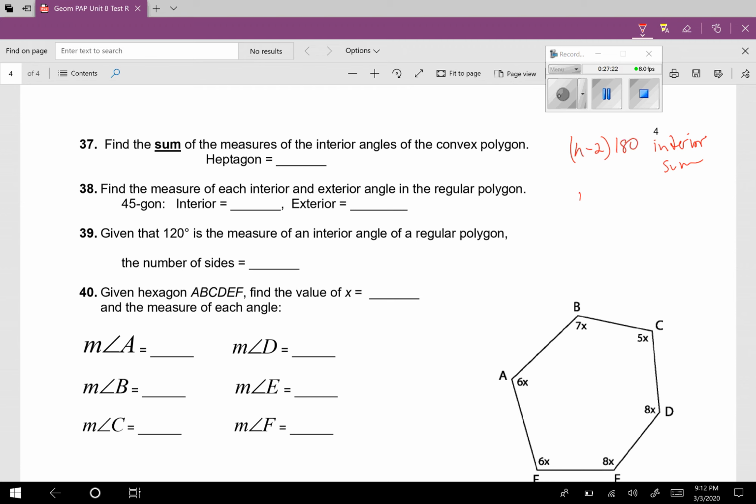Okay, so n minus 2 times 180, that's all the angles together. If we only want one, we have to divide by n. Okay, and then for exterior, it's 360 divided by n. That's one exterior angle.